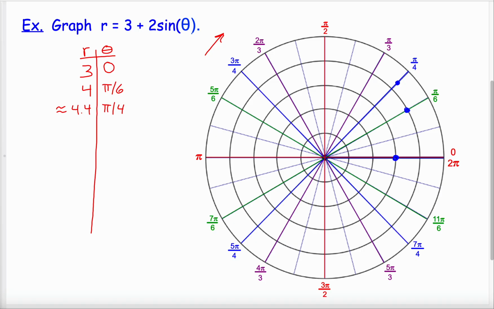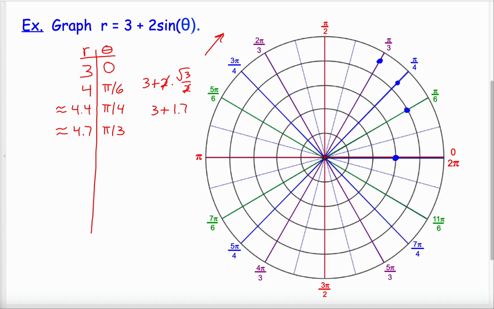So what if we picked pi over 3? Then r is equal to 3 plus 2 times the square root of 3 over 2, and the 2's cancel. We get 3 plus root 3. And then we're in the same dilemma. The square root of 3 is about 1.7. So we're going to get about 4.7 for r. And I'm going to have to eyeball that one as well. Does that look good? Looks good to me.